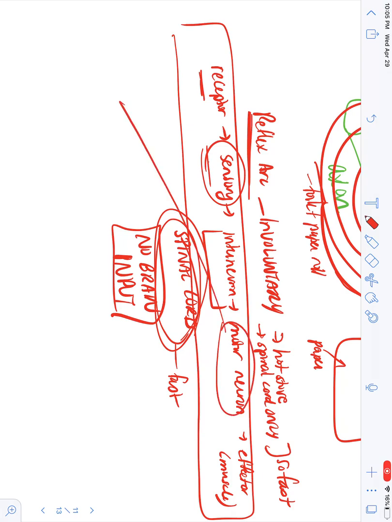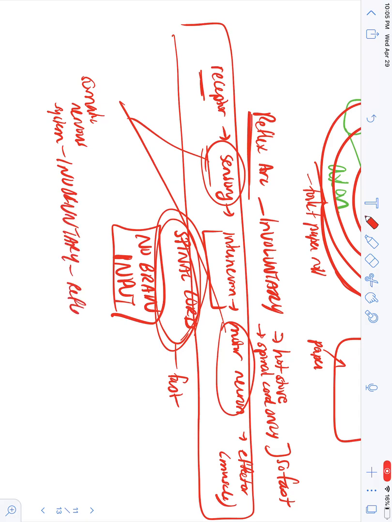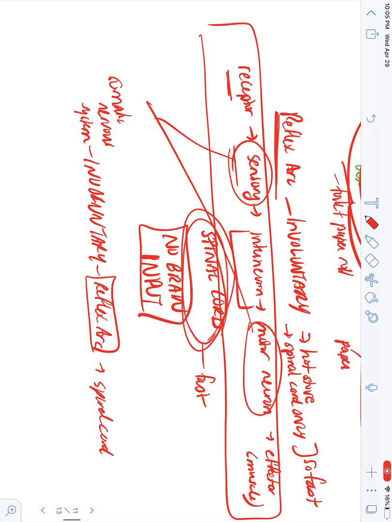Notice that because you're using sensory and motor neurons, these are part of your somatic nervous system. And remember I said sometimes your somatic nervous system is involuntary. It is involuntary when you have your reflex arc, which goes through your spinal cord. It can also be voluntary, like I mentioned before, like if somebody sticks you with a pen but tells you not to move, and you try really hard not to move.